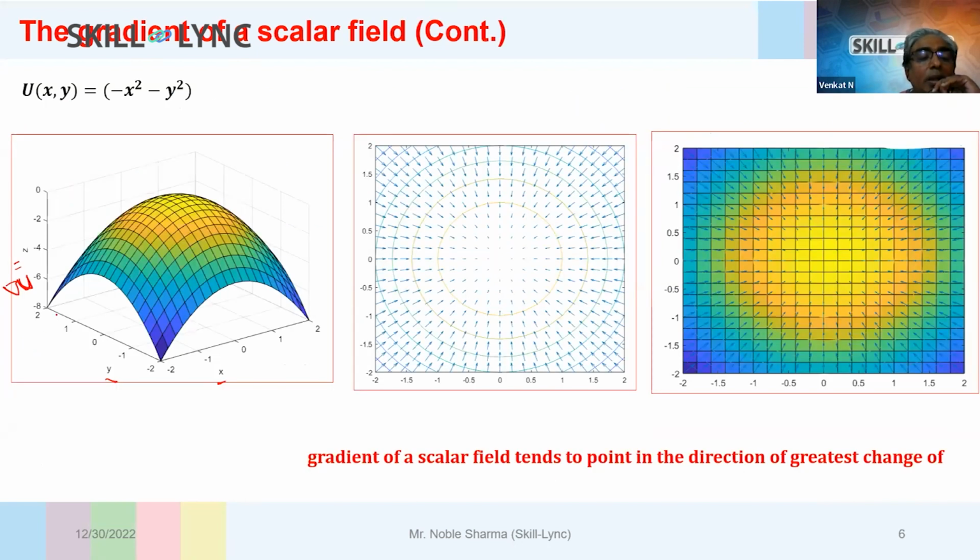So when you apply the gradient operator, the gradient tends to point in the direction of greatest change of the function. Here you can see how all the vector fields are pointing to the center. That is where the highest gradient is happening.